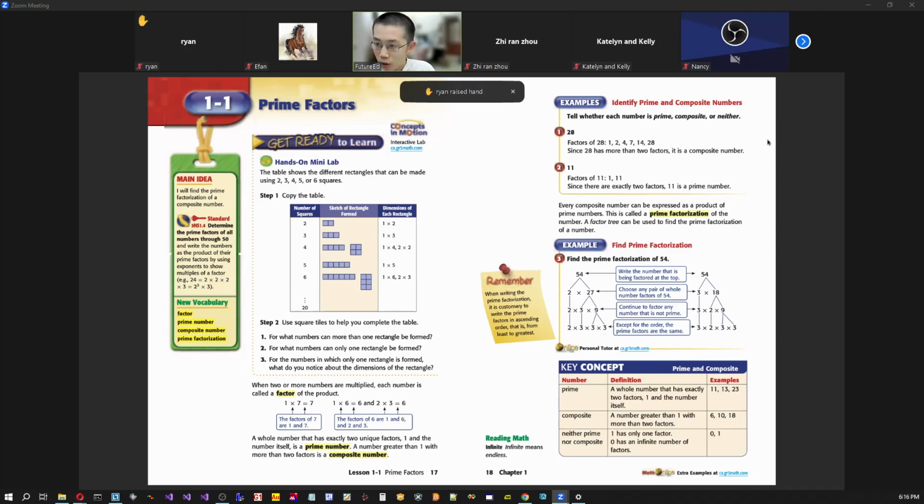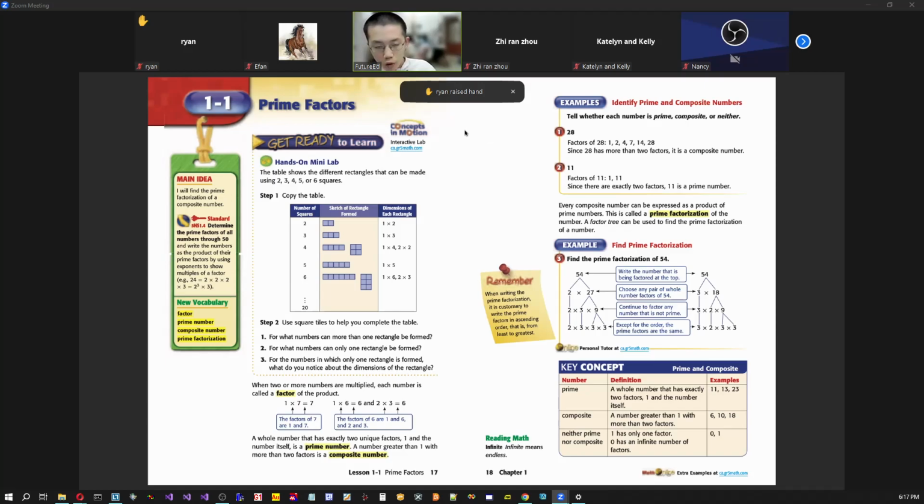Is that what you're getting to, Ryan? So when you take another number that's not 1 or that prime number and you divide it, you're always going to get a decimal. Yes, I think you get the point, Emma. You can only multiply by 1 or itself.